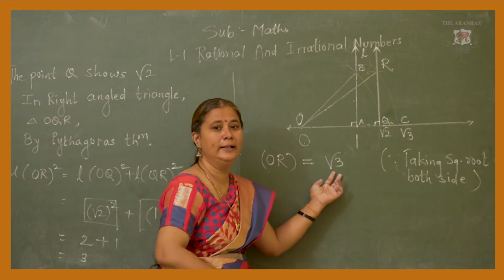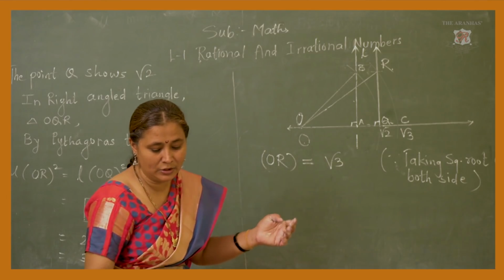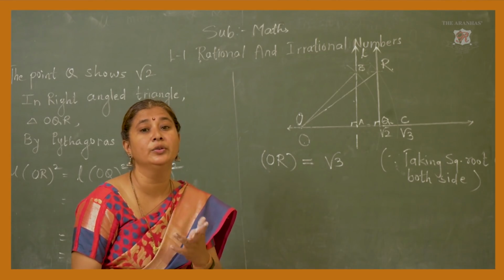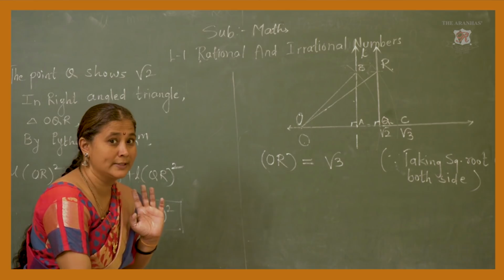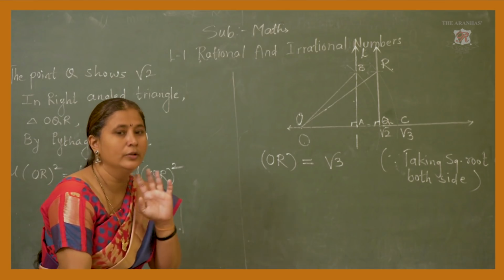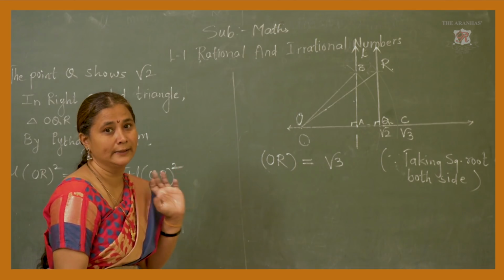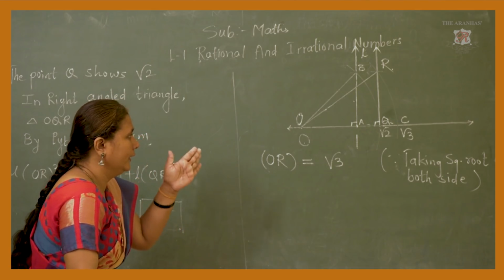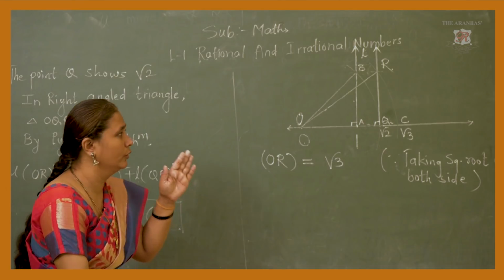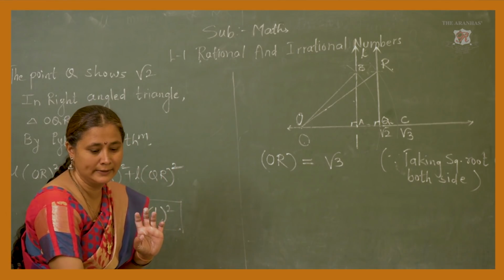Understood? Now, again take the next sum also, root 5, how you have to take. Okay. Again now, concentrate a little bit and see. Already we drew root 2, root 3 on the number line, isn't it?